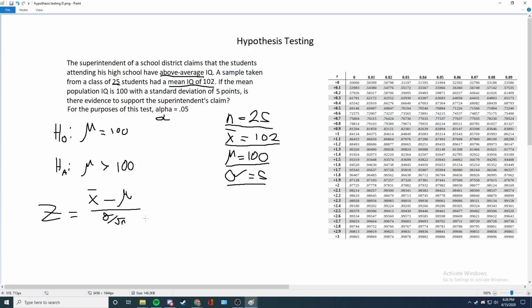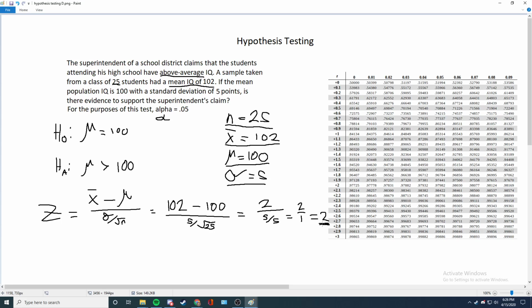Now we'll plug in all the numbers that we know: 102 minus 100 all over 5 divided by the square root of 25. Let's simplify this down a little bit. We get 2 over 5 divided by 5, or 2 divided by 1, which is just 2. So our z-score for this sample is 2.